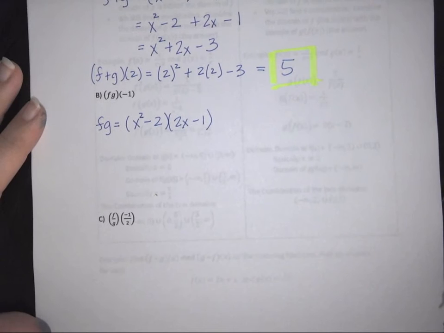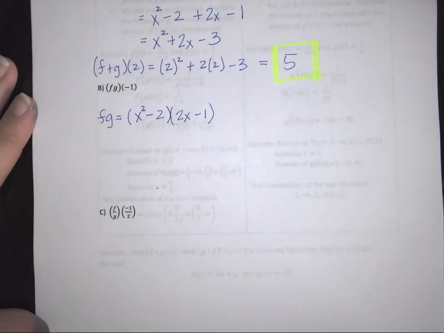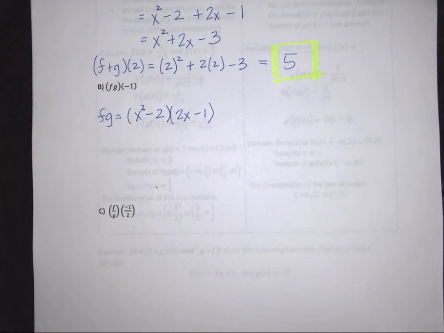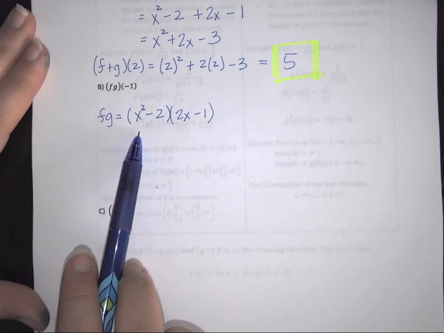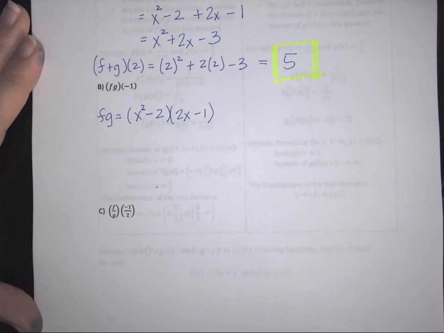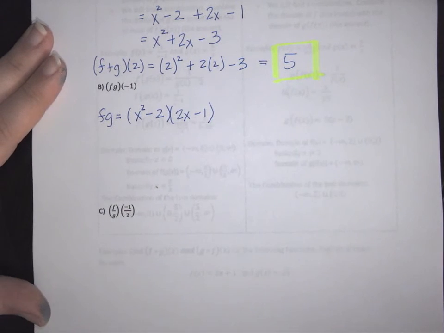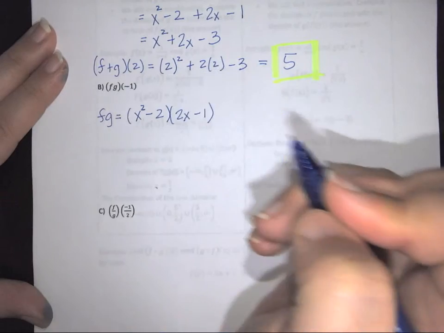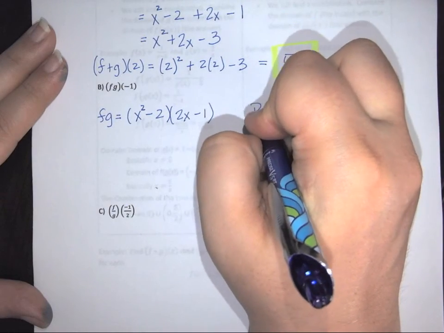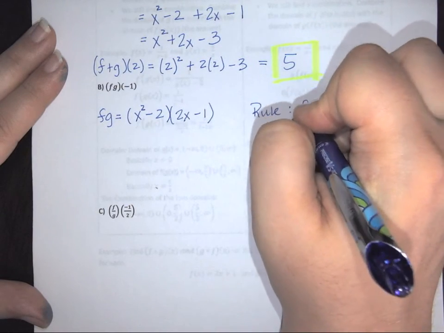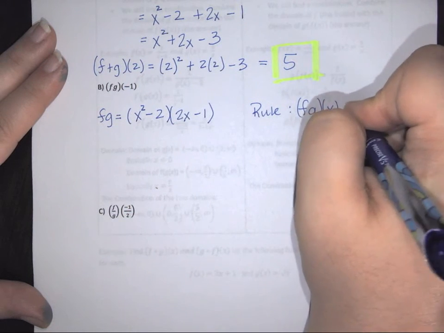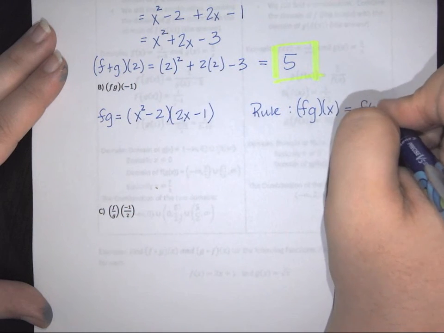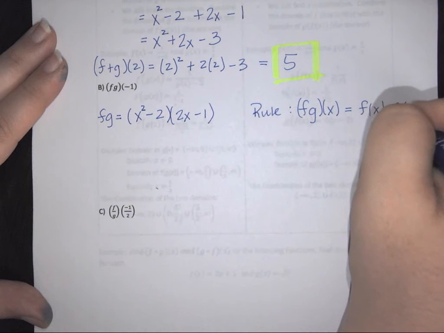There is another way that you can attack your evaluating, and so you kind of have to decide personal preference. And that says that I'm going to evaluate at each part and then simply multiply them together. So, since we remember the rule, which says that f times g evaluated at x is the same as f of x times g of x.